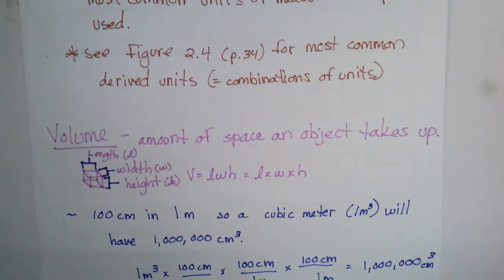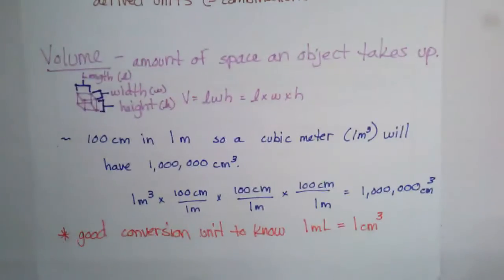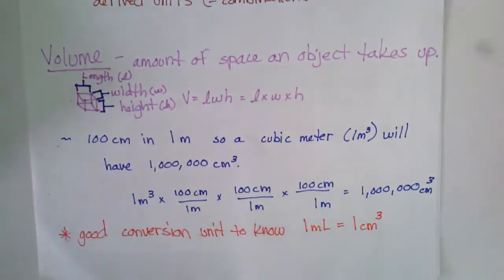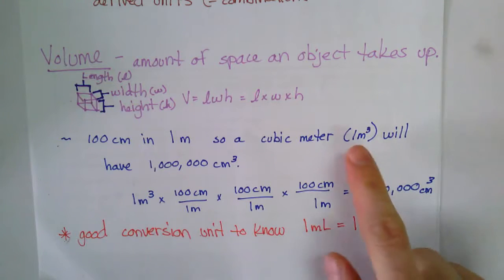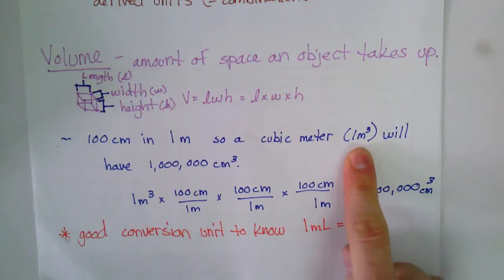And so I have a dimensional analysis example below. If I have 100 centimeters in 1 meter, convert that to cubic meters. And then it gives you this volume for centimeters cubed. So start with what you're given. I have a cubic meter, okay, 1 meter cubed.